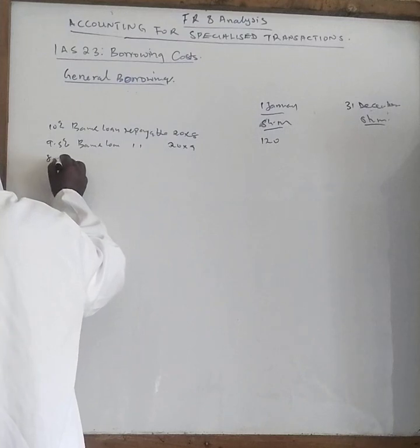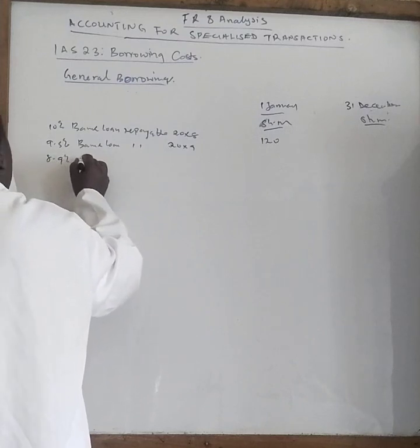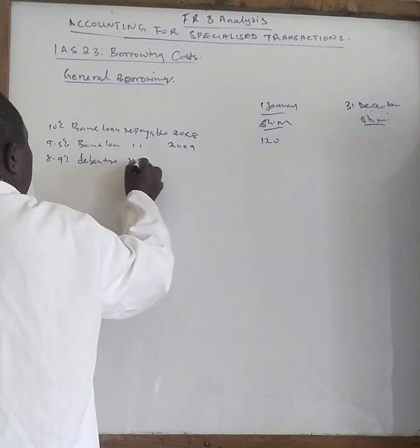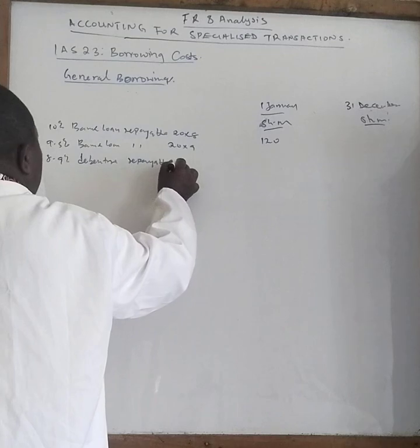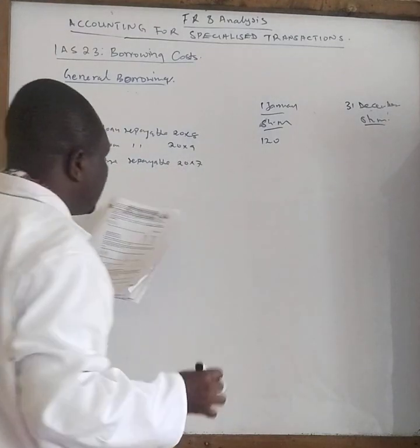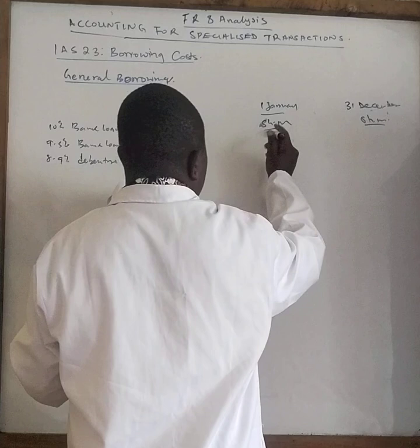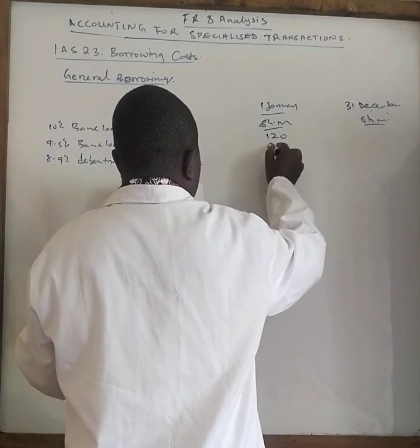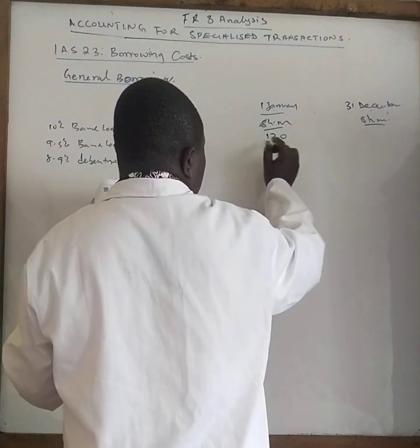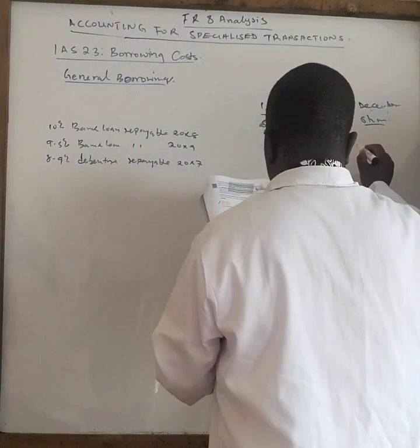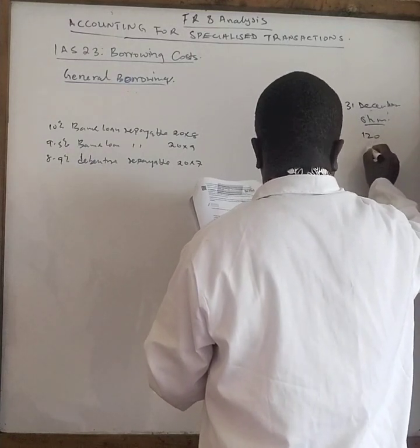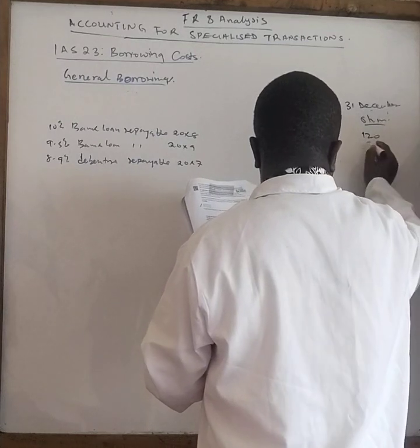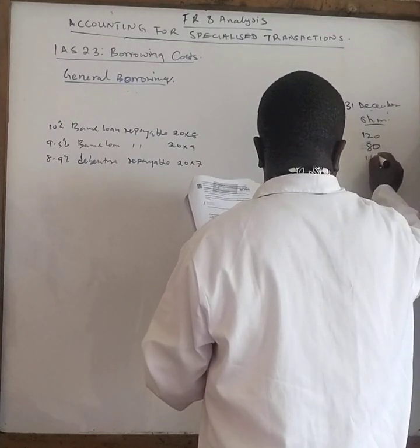Then we have 8.9% debenture, repayable 20x7. So we have 80,000, then dash, then 120, we have 80, then 80 here, we have 150.